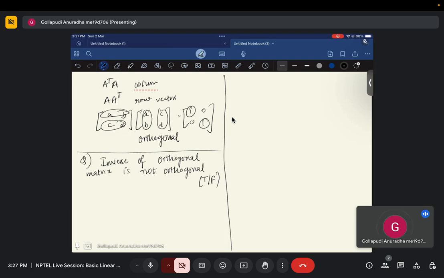So what do you say for this? Will the inverse of an orthogonal matrix be orthogonal or not?